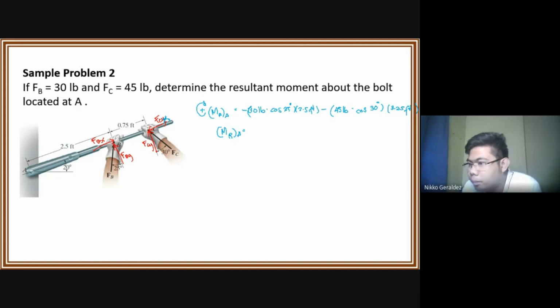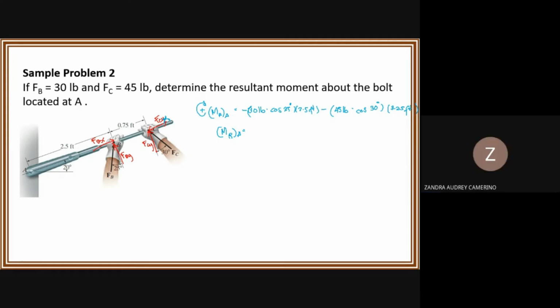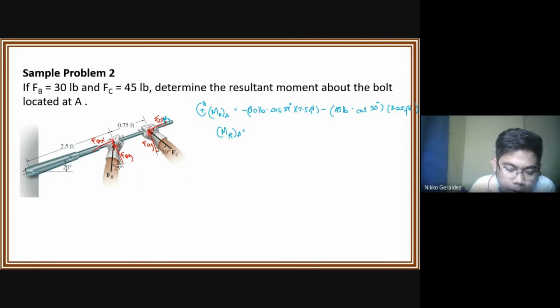Sir, wait lang po. Negative 30 times cosine 25 times 2.5 minus 45 times cosine 30 times 3.25.